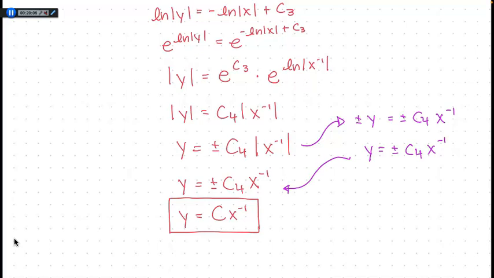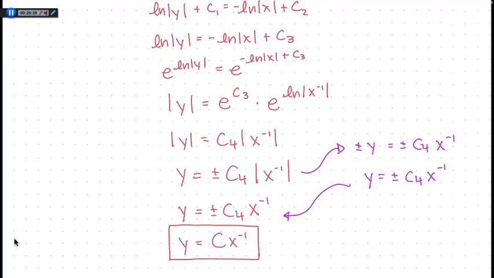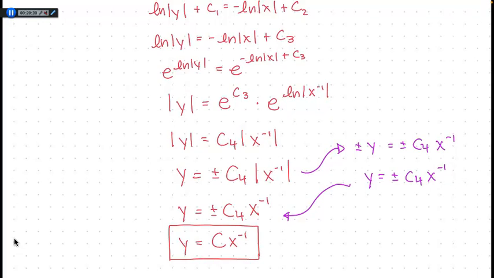Now, one thing I will say, I think it's a good idea to at least think about these subscripts on the C's, because these are all different values of C. But you'll often see that people leave off the subscripts when they're solving, so it makes it look like the same variable. But remember, they're really not. It's just arbitrary constants. So I will not take off points if you leave off all these subscripts.